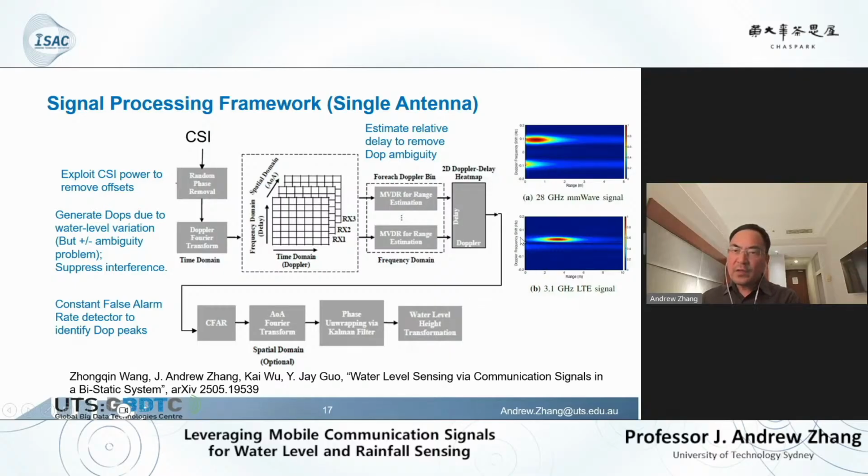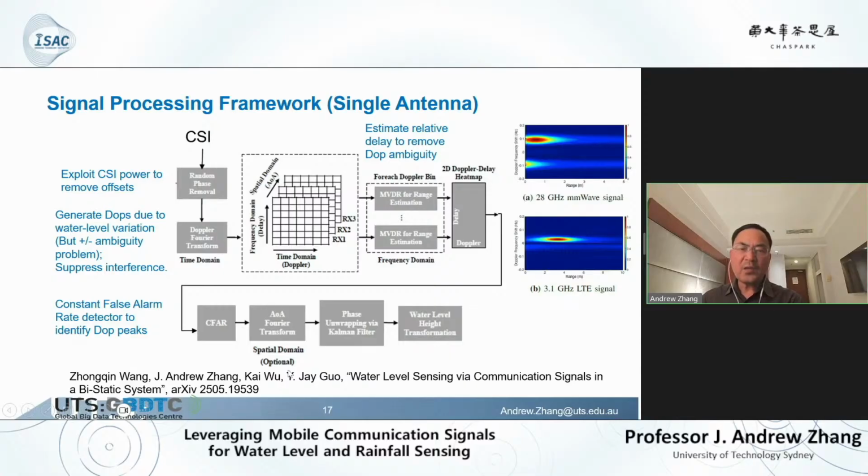And we also have a non-zero Doppler estimate for the output. These Doppler values correspond to the water level variation speed. And we will use what's called a constant false alarm rate detector to extract the peak of the Doppler estimate from this heat map.